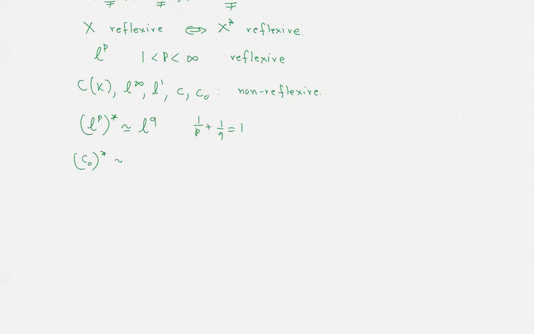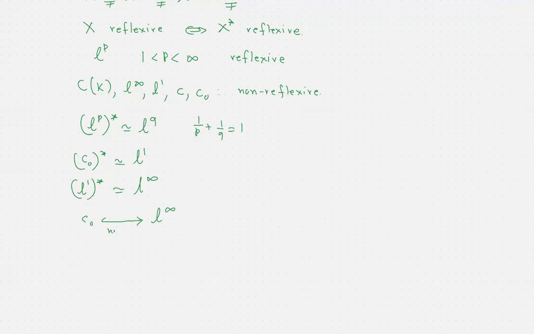So all of a sudden you have a very nice example of how c naught is embedded into L infinity, and certainly this map is not onto, because you have sequences that are bounded but certainly do not tend to 0.